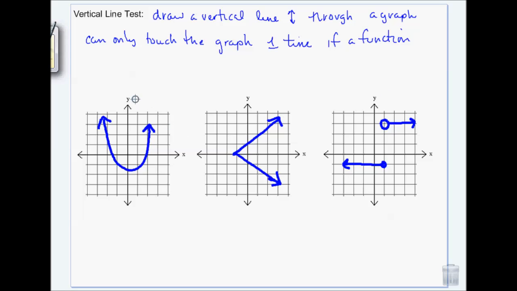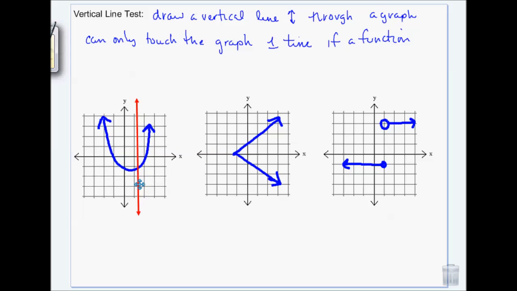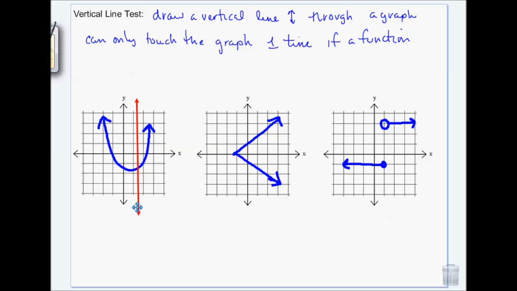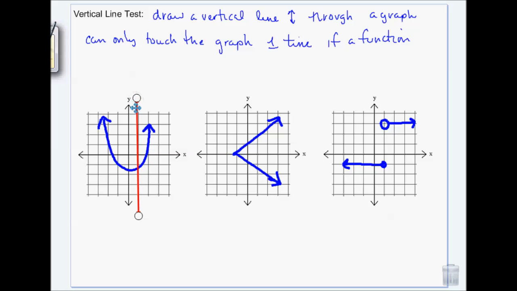Now if I take a vertical line and I move, not the graph, but the line. Stop moving the graph. If I move this, that's not what I want to do. Okay, see how I'm moving it? As I move this vertical line across, do you see how it's only touching the graph in one point at any given time? Okay, this is a function.